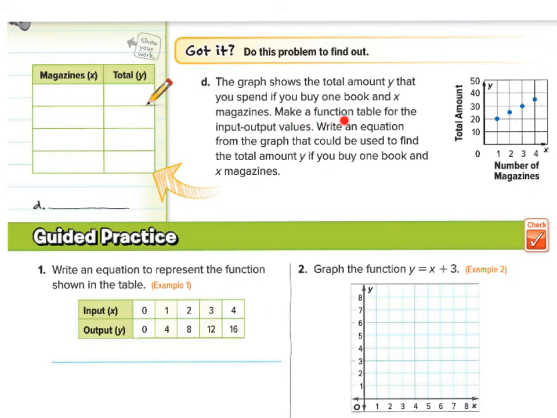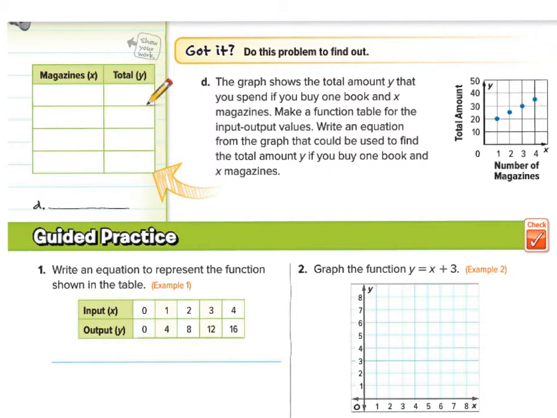Make a function table for the input-output values. Write an equation from the graph that could be used to find the total amount y if you buy 1 book and x number of magazines. So if we buy 1 book, x number of magazines is our independent variable.